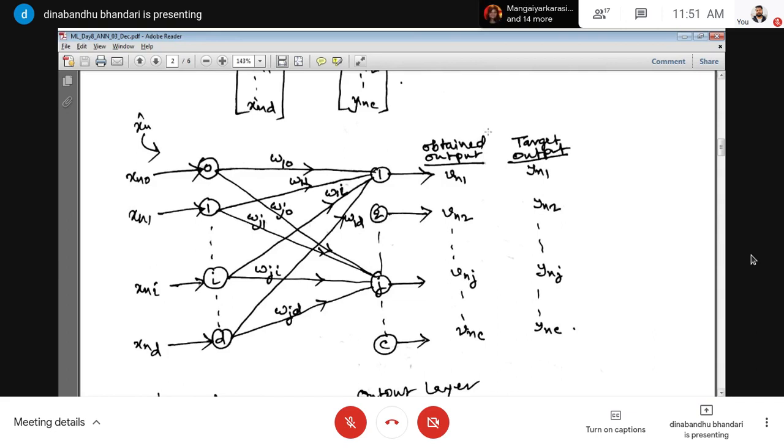That means we calculate the weight, then we backpropagate and modify these weights iteratively. And in numerical methods, in mathematics, a very well-known technique is available, that is the gradient descent technique, and we will apply it here to find the optimum value of the weights.